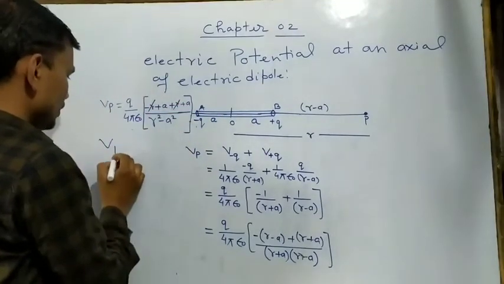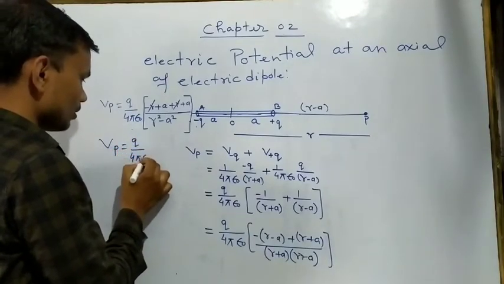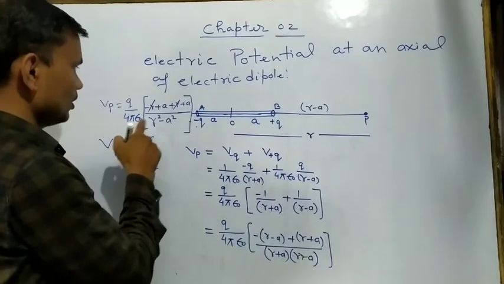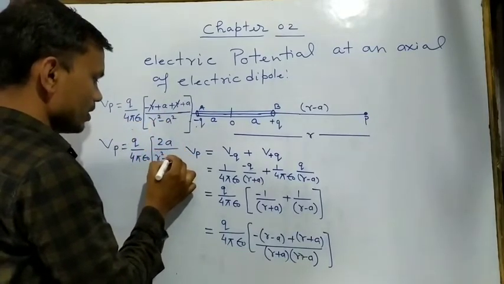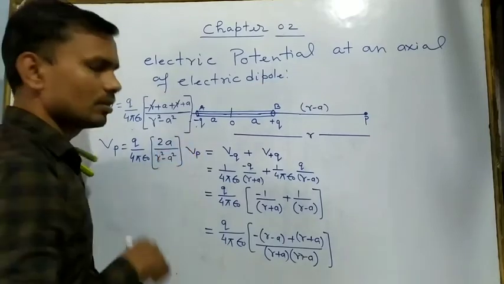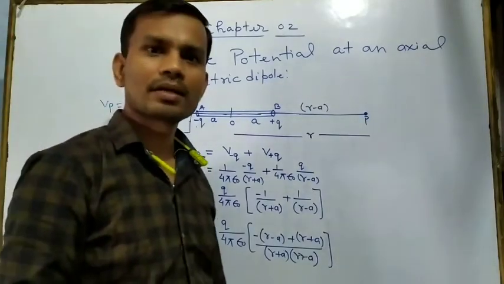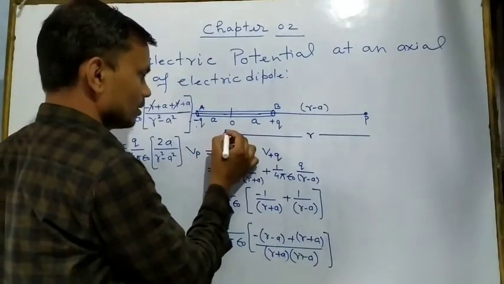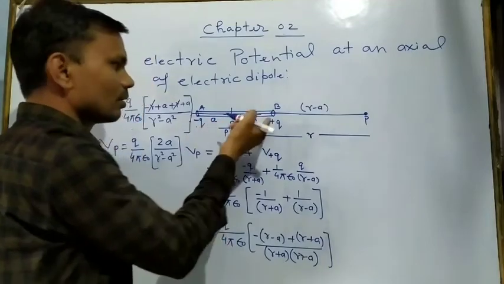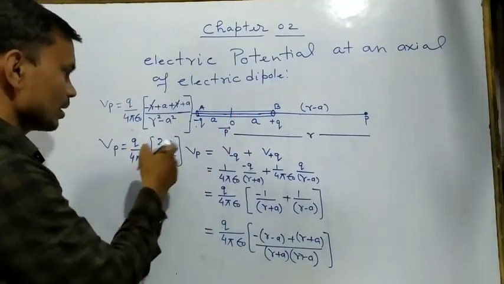So Vp is q upon 4 pi epsilon naught, here you have to see 2a, and then r square minus a square. So q into 2a, this is the electric dipole moment, we know that. And the electric dipole moment direction is from minus q to plus q, or in magnitude, q into 2a, this is the electric dipole moment.